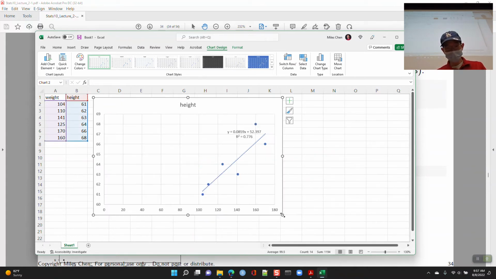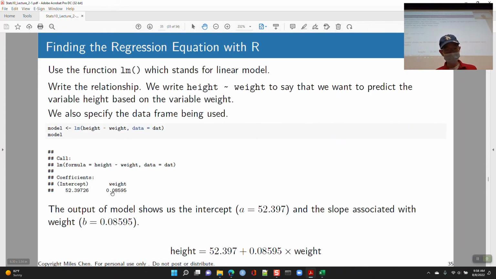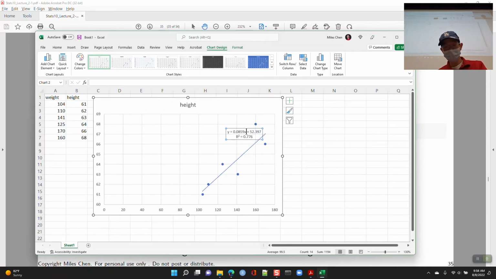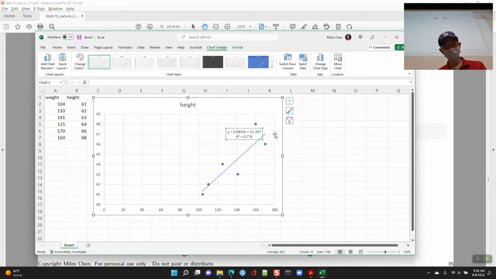All right, so what do we see? We get 0.0859x, that is our slope, which is exactly what R spits out, 0.0859. Oh, I guess they keep an extra decimal place, 0.08595. Okay, and then the intercept, 52.39726. 52.397 is what R tells us.